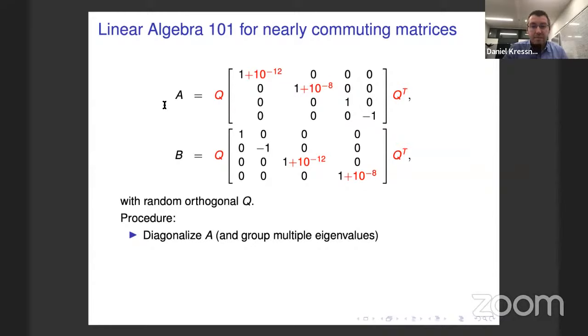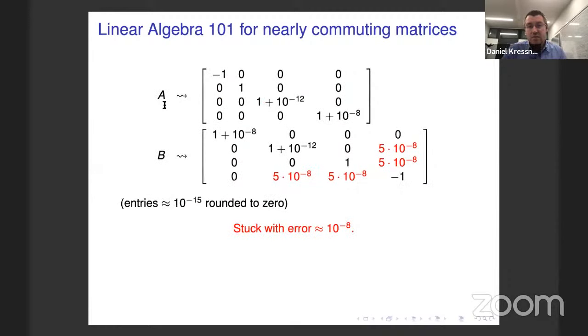And now you could take these matrices and run the linear algebra 101 procedure on the two matrices. So we would start by diagonalizing A. I neglect everything around 10 to the minus 15. If you compute a matrix V and you apply it to A, I neglect all this.